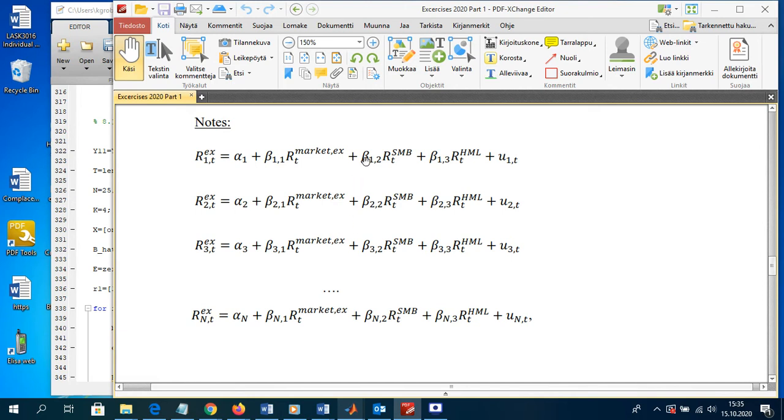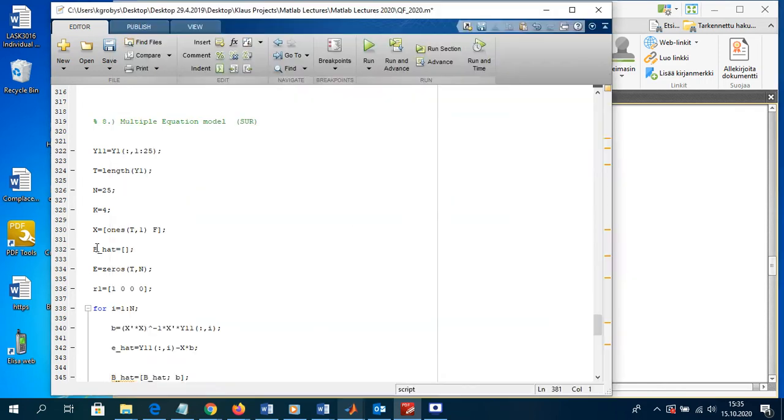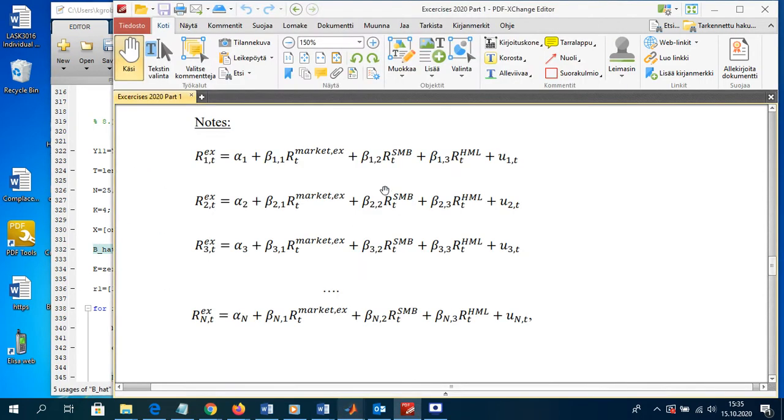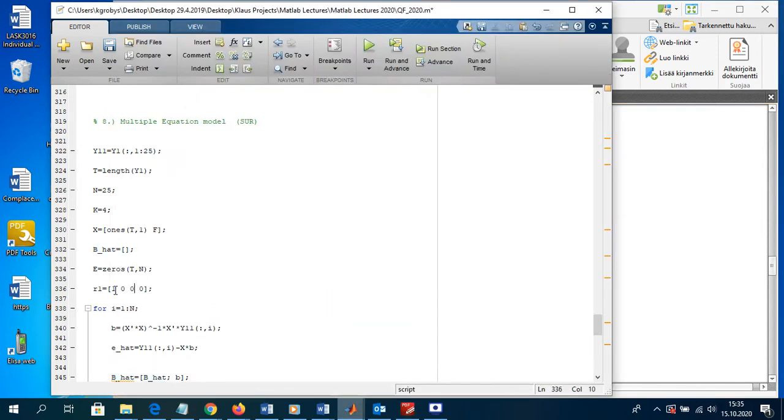We want to test these 25 exposures across our assets against the size factor. The size factor is the third parameter in our regression equation, so the only thing we need to change is this.